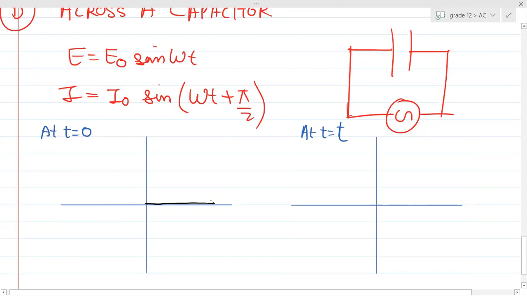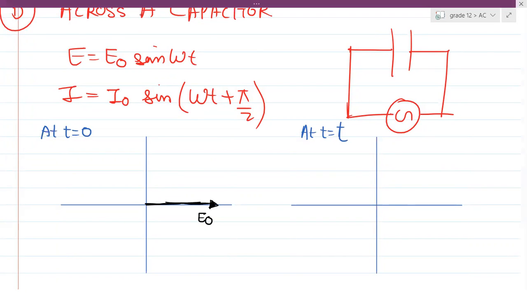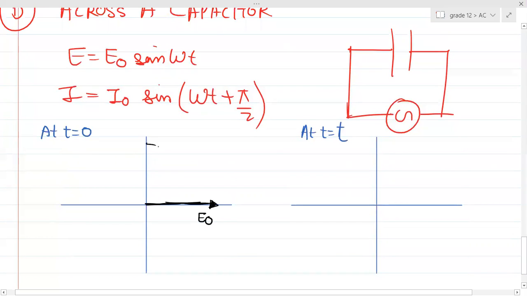So on the positive x-axis, I have made it lie. Can you see E naught was lying on the positive x-axis? Now let's say red is the current. Where exactly will this lie? If I try to draw the circle of E naught, although it's not exactly a circle which I am drawing, actually it is a circle.